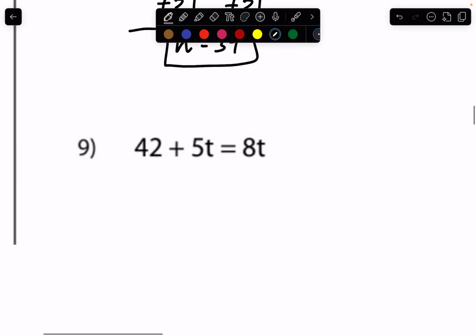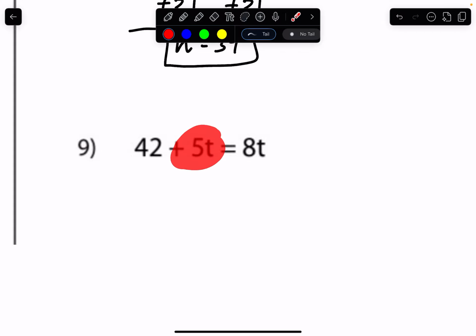Number 9. I have 42 plus 5t equals 8t. This one is a little tricky, but what you want is the variable to be on one side by itself.